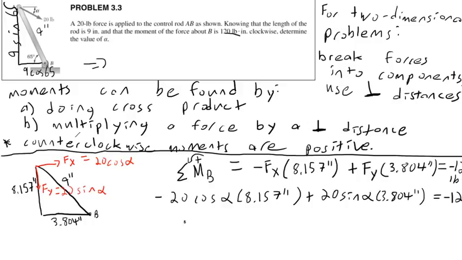I'd probably solve it graphically if I have a graphing calculator handy. Negative 20 times 8.157, so negative 163.1 cosine of alpha plus 20 times 3.804, 76.07 sine alpha equals negative 120.